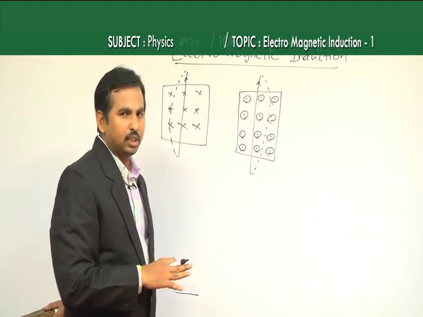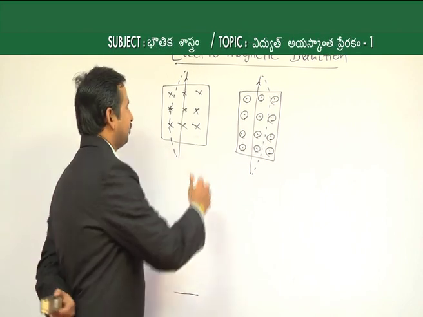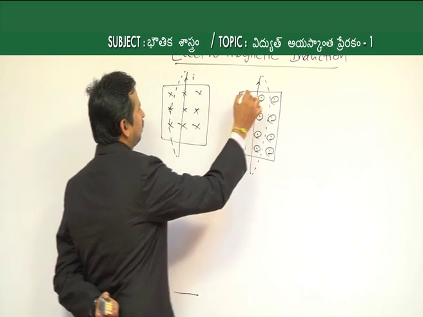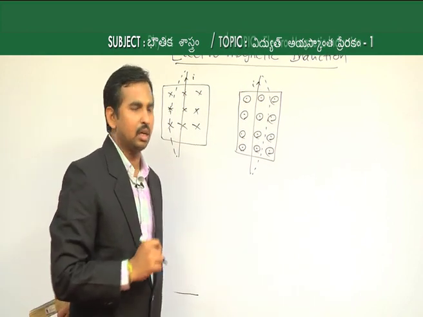Now this time we are changing the direction of the current. Let us suppose I is the current passing in both cases. In both the cases I was taking the current going upwards.